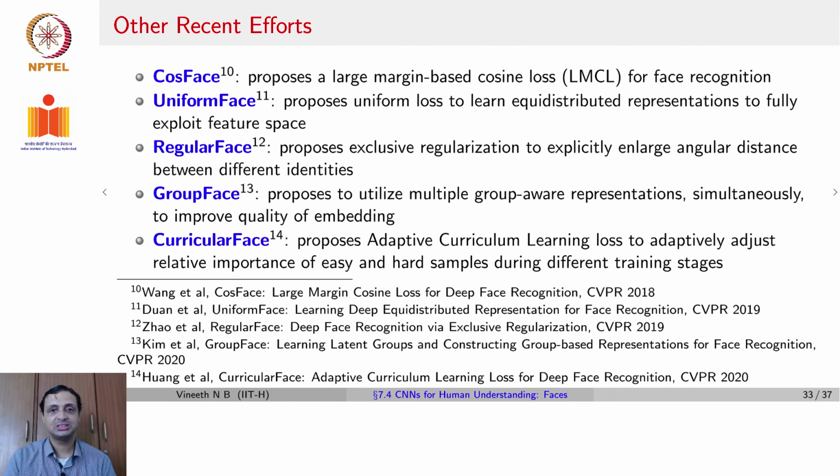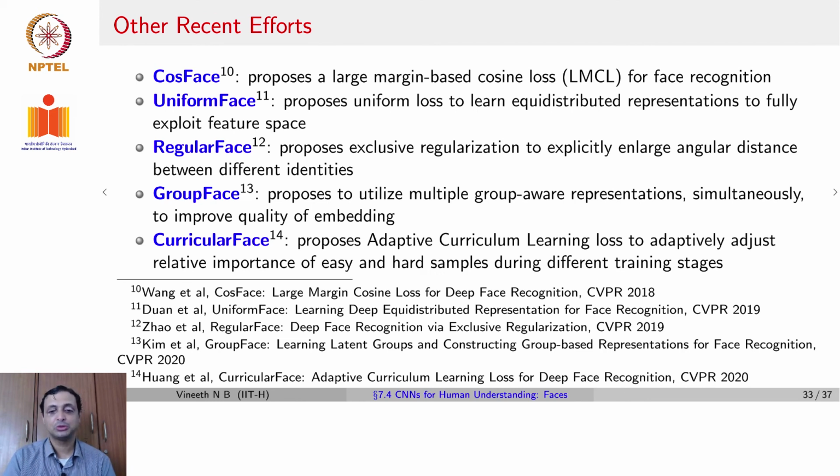Based on these approaches, there have been a slew of efforts. CosFace, proposed in 2018, proposes a large margin-based cosine loss for face recognition. Uniform Face, proposed in 2019, proposes a uniform loss to learn equidistributed representations so that you exploit the full feature space rather than focus on one ball around the origin.